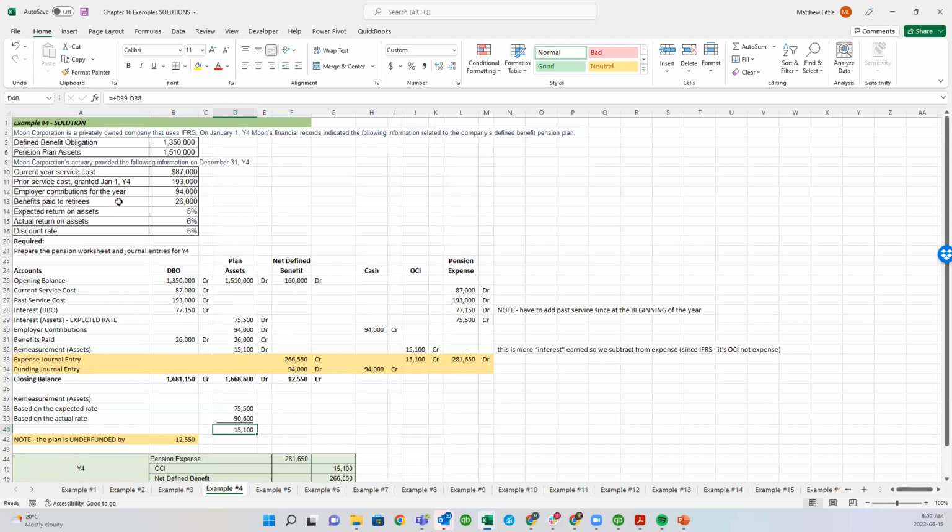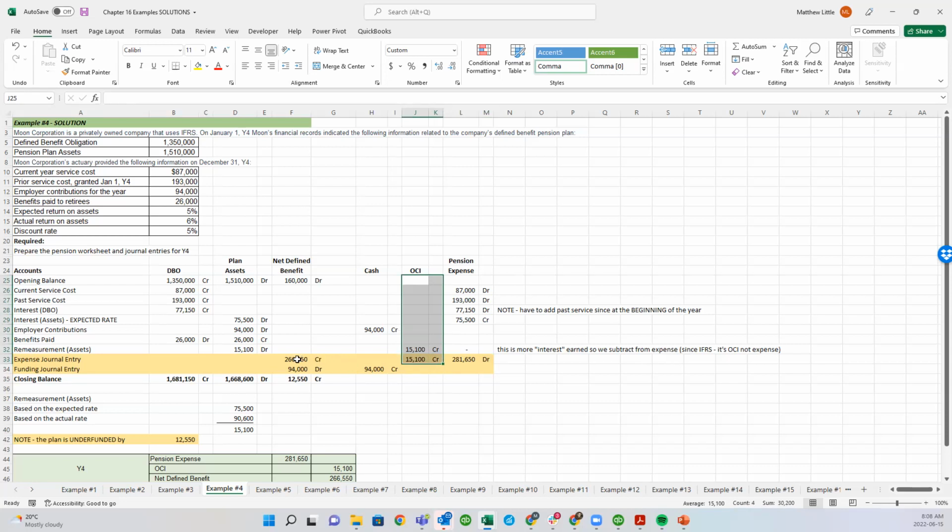Now that we've gone through all the components in this example, we would do the same kind of summary. Look at our pension expense. We now have $281,650, adding our current service, past service, our discount rate, less any expected rate would give us $281,650. Our other comprehensive income would be a $15,100 credit.